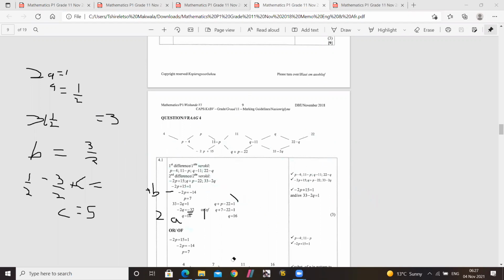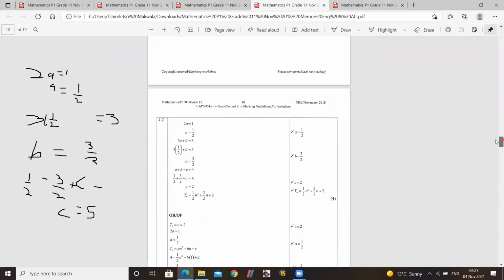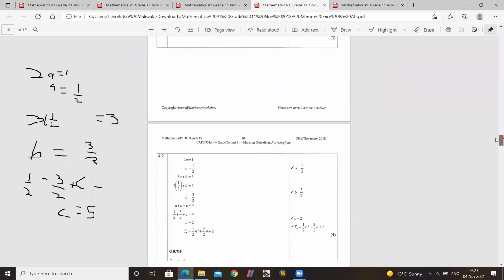So like the way we did it there, let's move on. See, yeah, it's plus. I made a mistake here. This is supposed to be a positive. So b is 3 over 2, then c is 2.